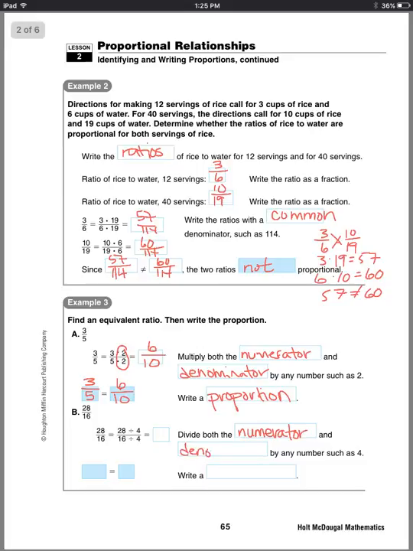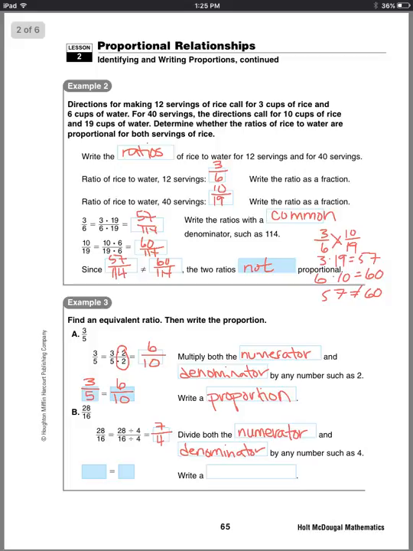Okay? So in this case, they chose the greatest common factor of 4. But you could choose any number that goes into both 28 and 16, such as 2. So 28 divided by 4 is 7. 16 divided by 4 is 4.